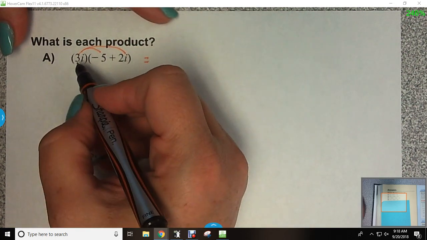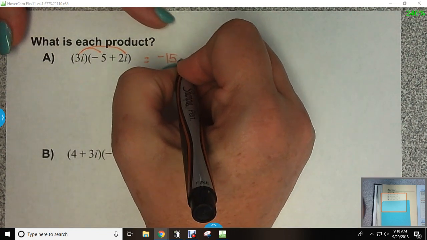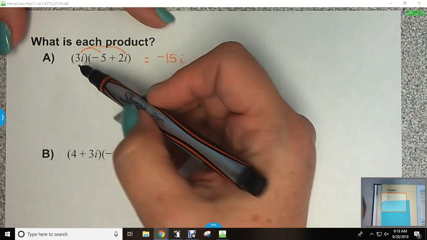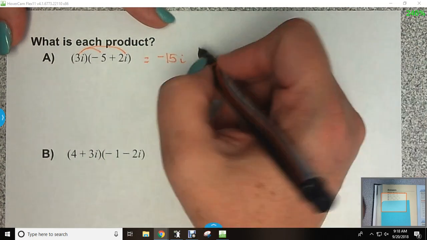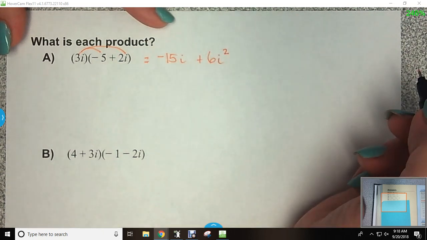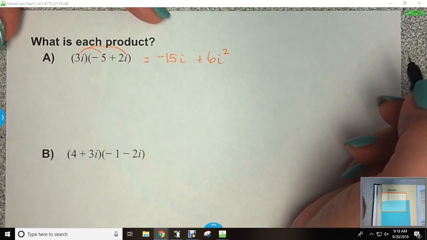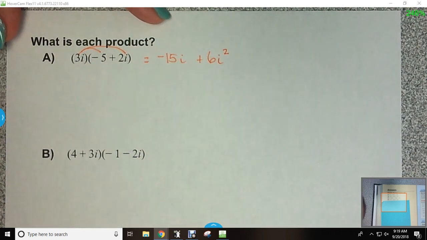So when I multiply 3i times negative 5, I get negative 15i. 3i times 2i gives me 6i squared. So far we've done this just like we do with any other variable. Here's where your change is going to be.